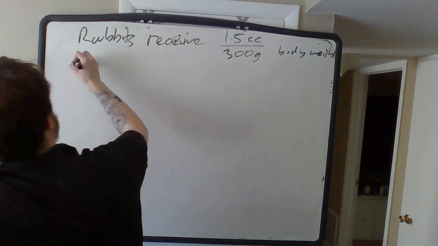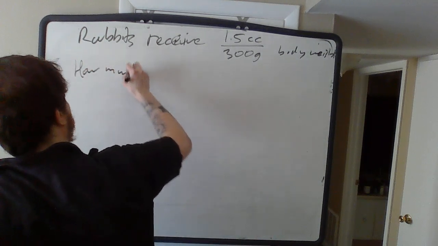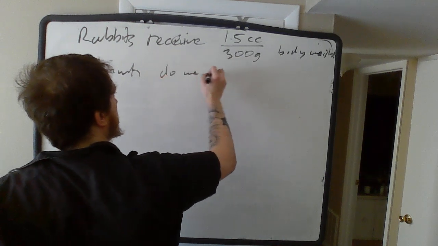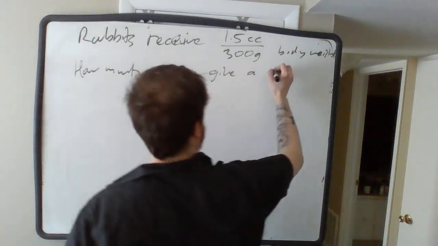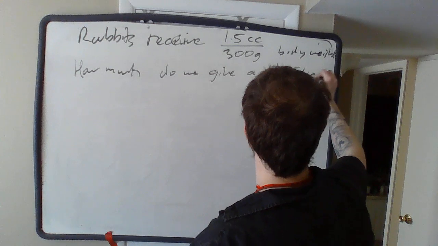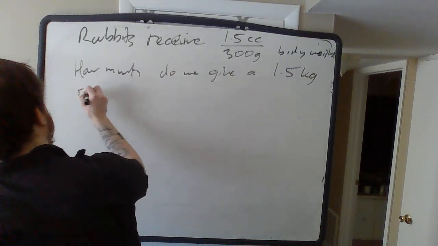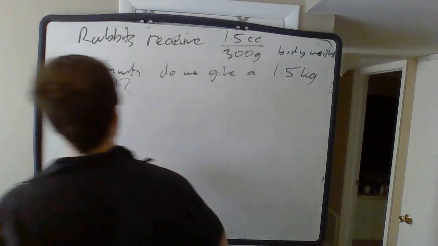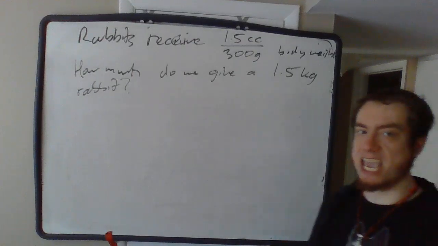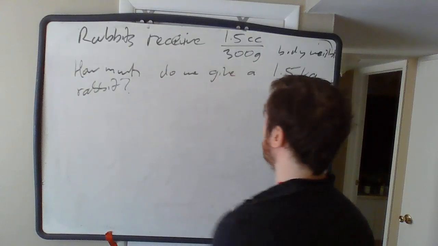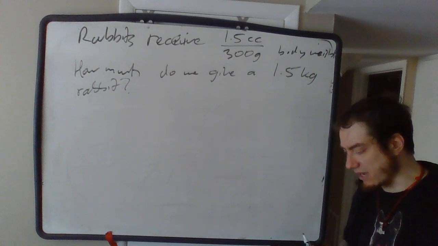And we want to know how much do we give a 1.5 kilogram rabbit. Okay, once again, you can't just start throwing numbers in from this without thinking about it a bit, okay?